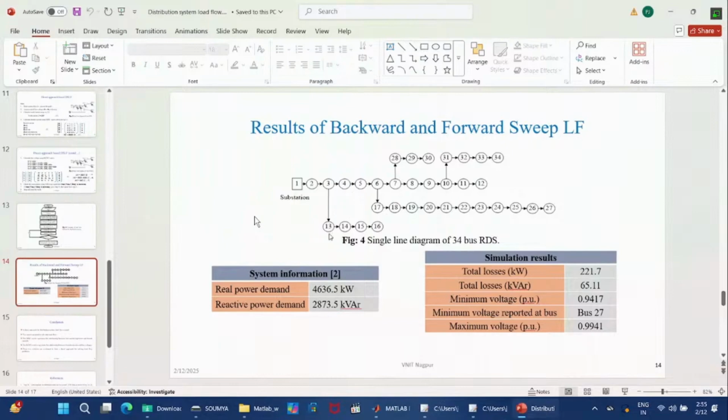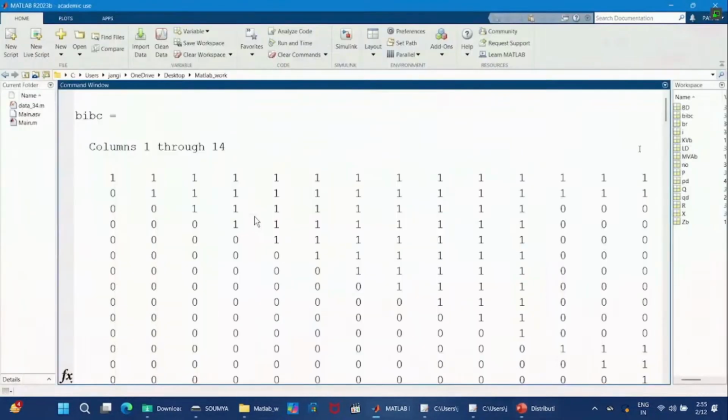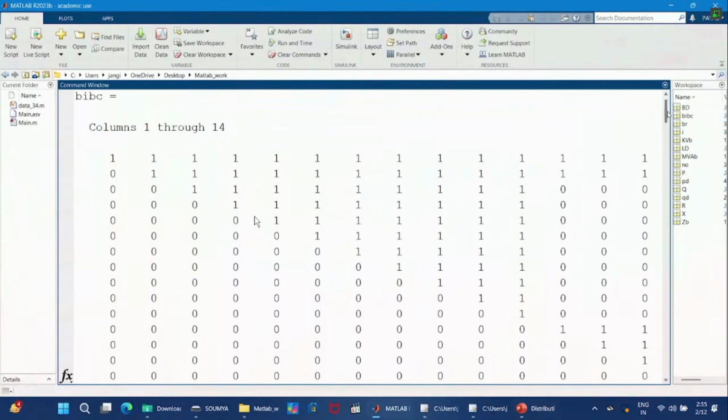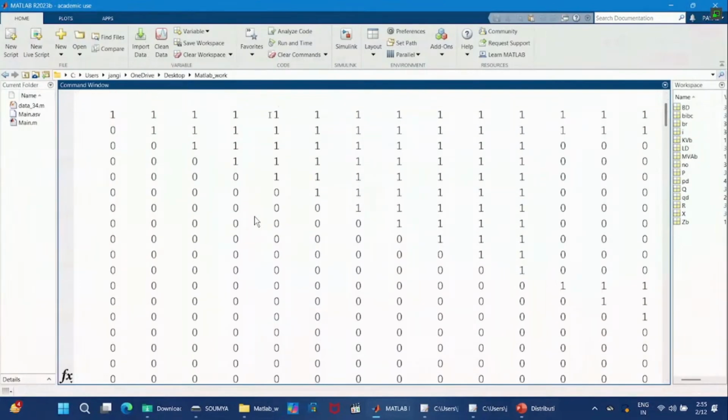But if we go to node number 13, it is possibly connected only to branches 13, 14, 15, 16. So their value will be 1 and the other node values are supposed to be 0. So let's check for 13 whether it is working properly or not. If I count 1, 2, 3, 4, 5, 6, 7, 8, 9, 10, 11, 12, 13.